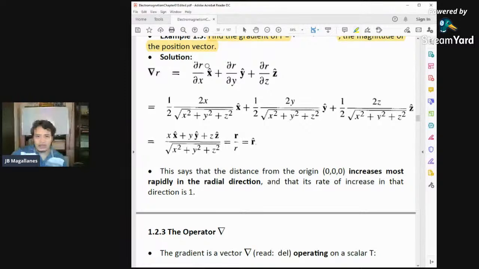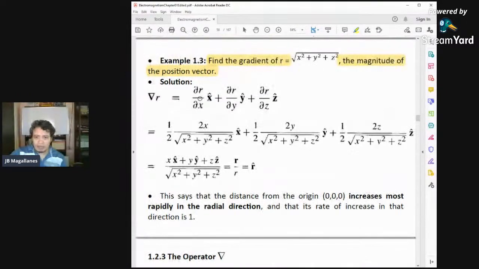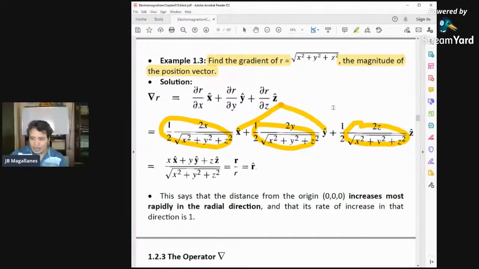The partial derivative of r with respect to x will just be given by this, and the partial derivative of r with respect to y will just be this, and the partial of r with respect to z will just be this. Note that it has direction x, y, and z. It is a vector.